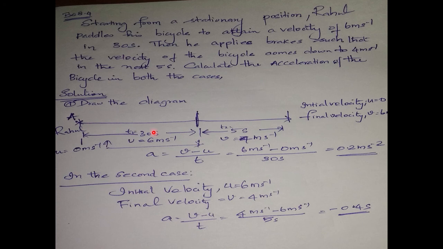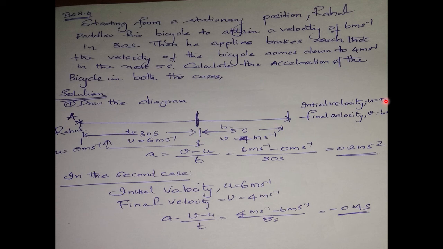In 30 seconds he reached 6 meters per second at this point. After reaching this point, he applies the brake such that the velocity of the bicycle comes down to 4 meters per second.